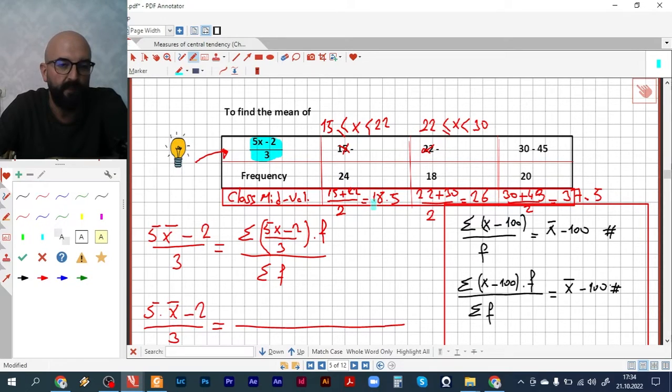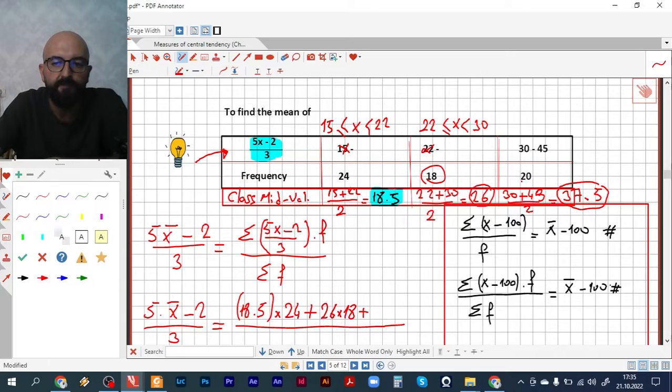class mid value of the first group, of the first column, so 18.5, multiplied by frequency, so 24, plus our mid value is 26 and frequency 18, so 26 multiplied by 18, plus our mid value is 37.5 and frequency is 20, so 37.5 multiplied by 20.